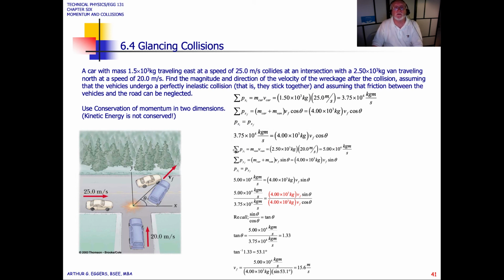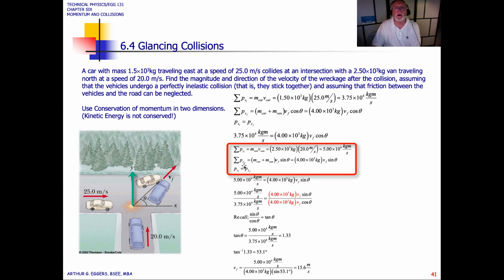So let's determine the y components. We've done everything we can in the x-axis. Now let's determine what's going on in the y-axis. The mass of the van times its velocity comes out to 5 times 10 to the 4th kilogram meters per second when we take the product and get our momentum. So that's initial.